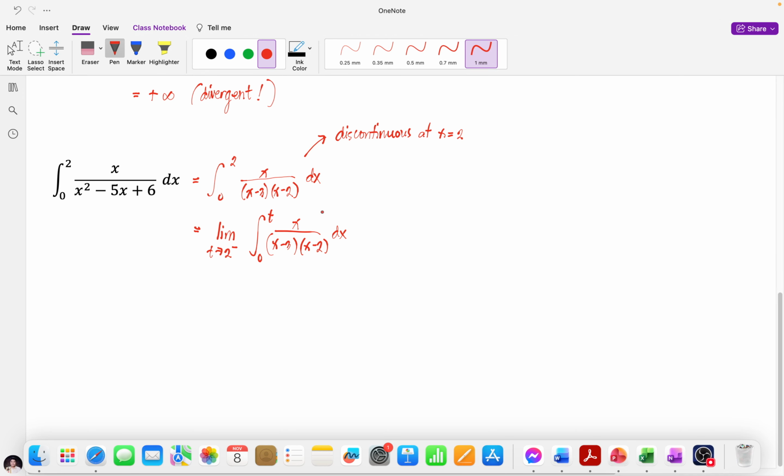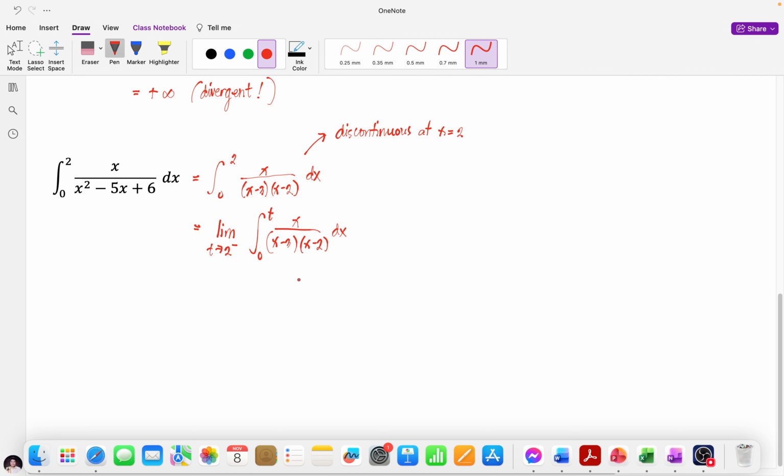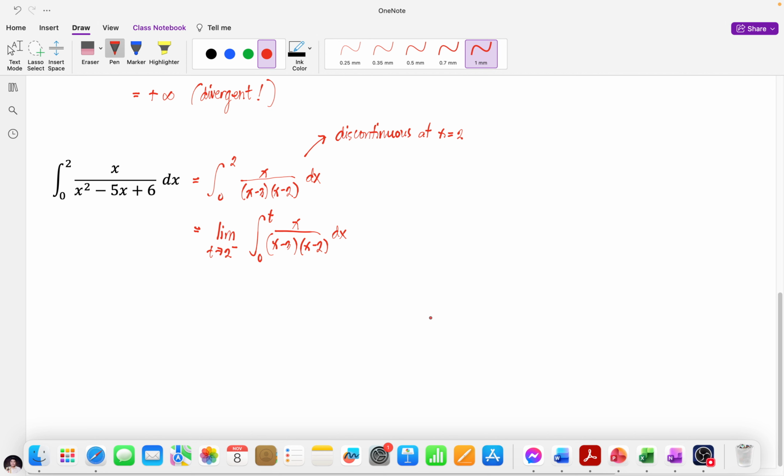Okay? So from that, the integrand here, we can solve this definite integral by partial fractions, right? If you can still remember. So using partial fractions here, first we apply partial fractions. So we have x over x minus 3 times x minus 2.